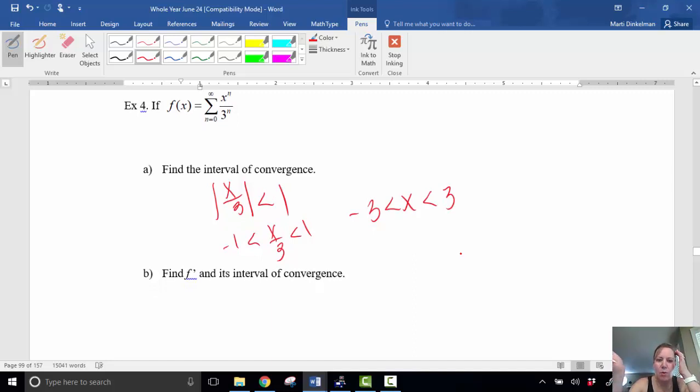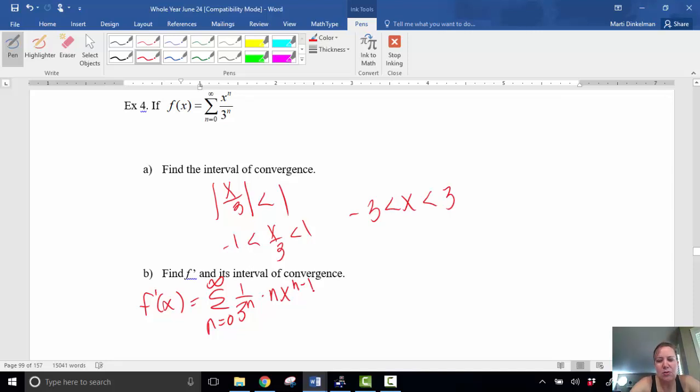So on f prime, what we're suddenly doing is treating x like it's a variable. And really probably this should say f prime of x so that we know that explicitly. So f prime of x is equal to, so what I know is anything without an x is a constant. So that 3 to the n is just a constant. It's really the x to the n that I have to take the derivative of. So that's what that's going to look like.